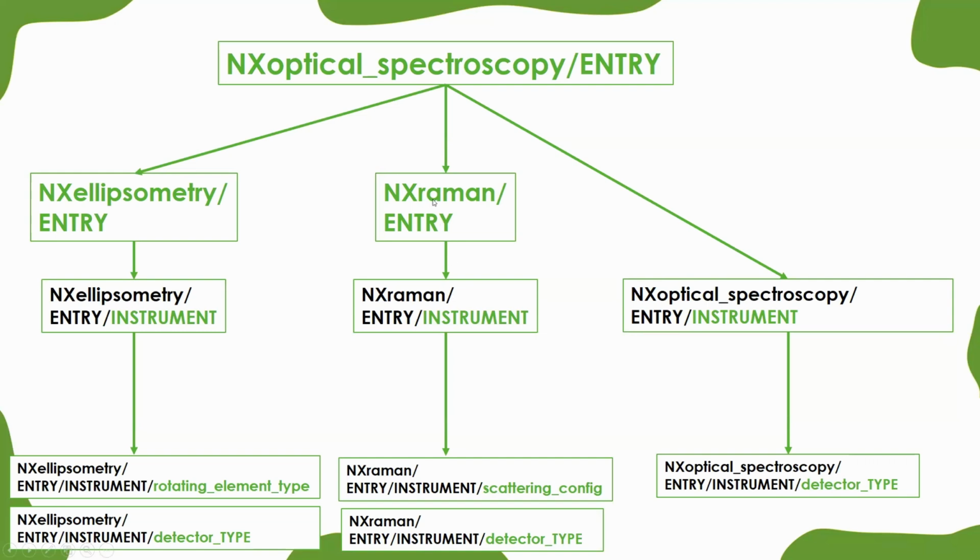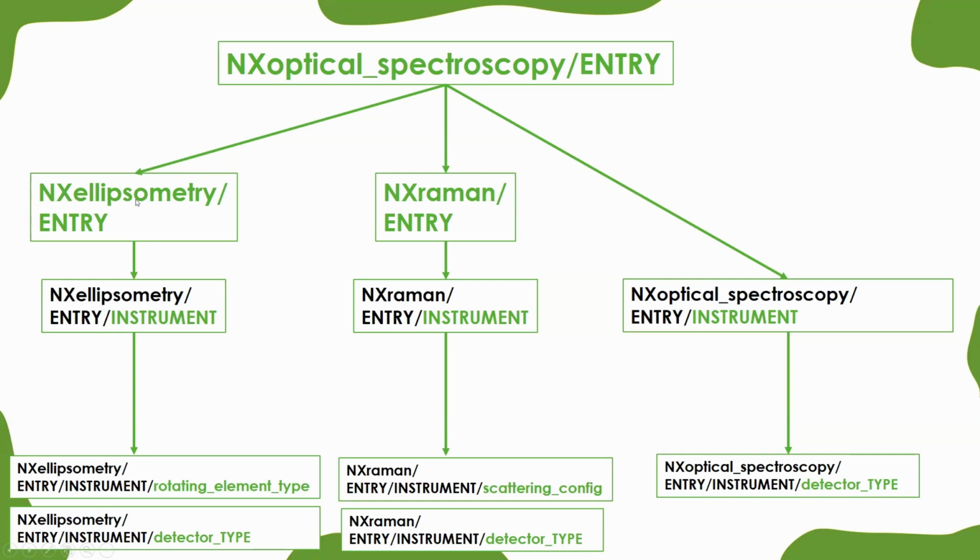For Raman spectroscopy, the specialization is that at the instrument level you have something to describe the scattering configuration. This is present in the Raman NeXus definition, but not in the generic optical spectroscopy definition, because it is only a parameter of interest for Raman spectroscopy.